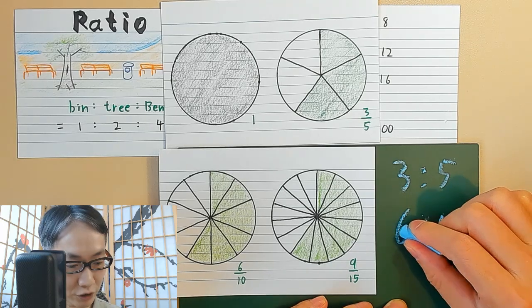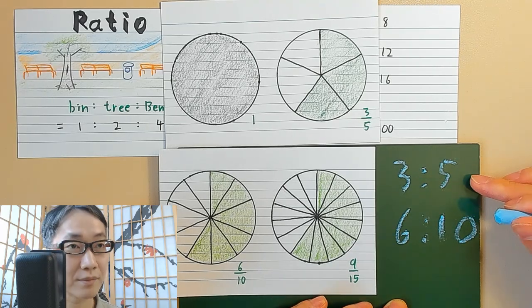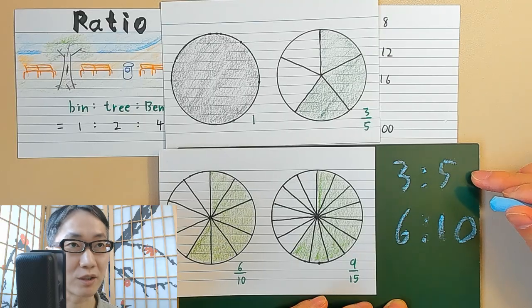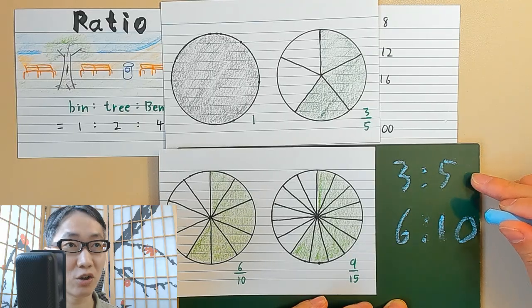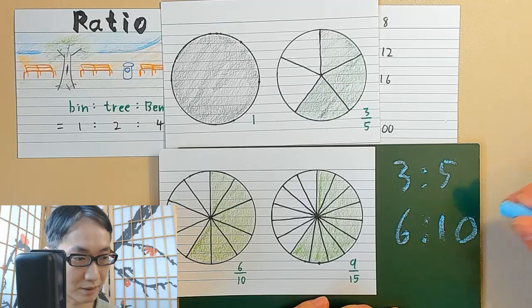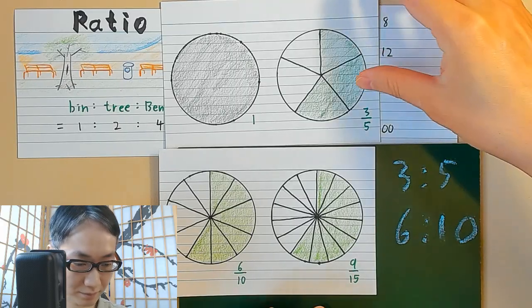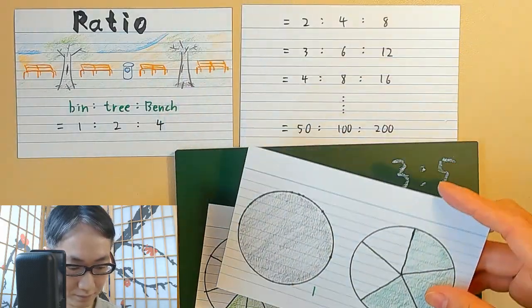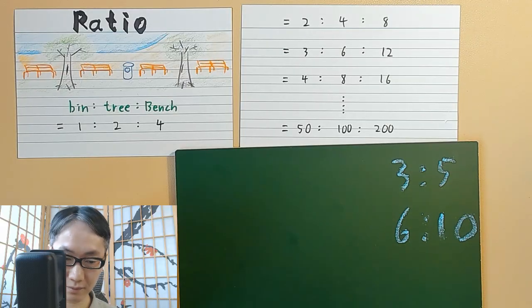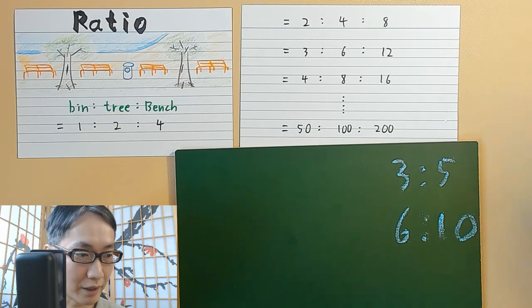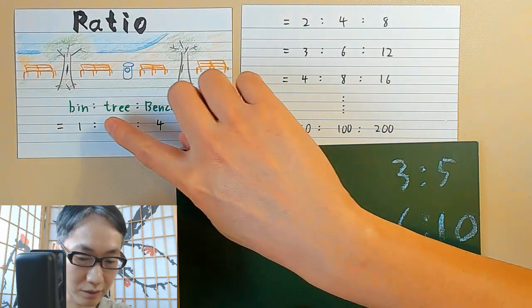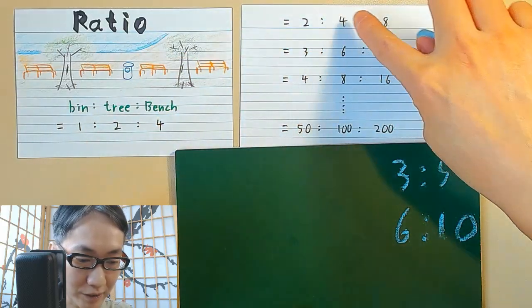They're the same ratio. Then we'll be using this one as the simplest ratio because it has the lowest integers. In an example here, I can use fractions to represent them.